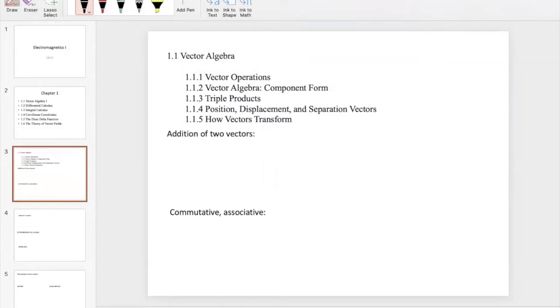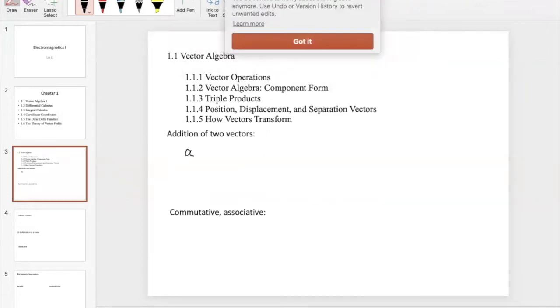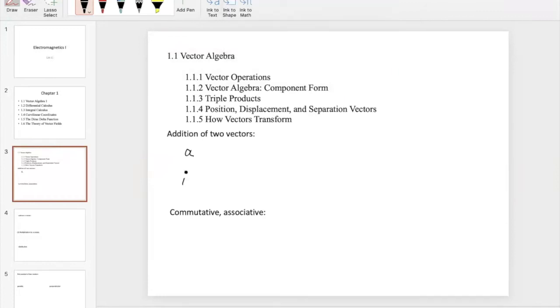So first of all, the difference between a vector and a scalar is: a scalar, for example, letter A, is a scalar. For a vector, let's say A hat, or with an arrow or hat on the top of a symbol, it means it's a vector.